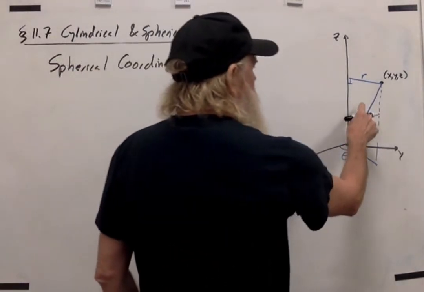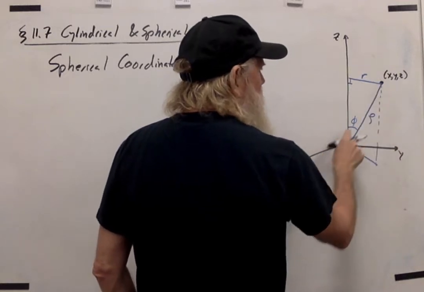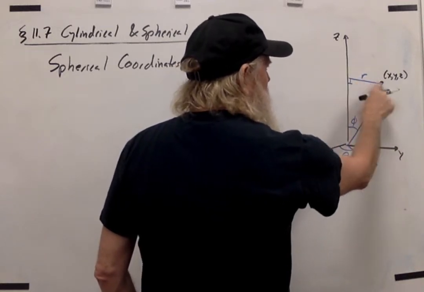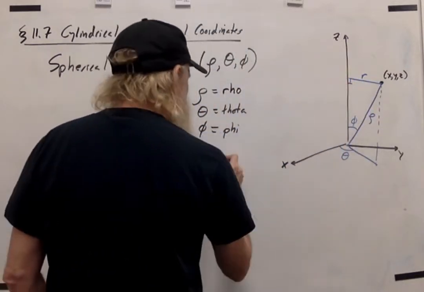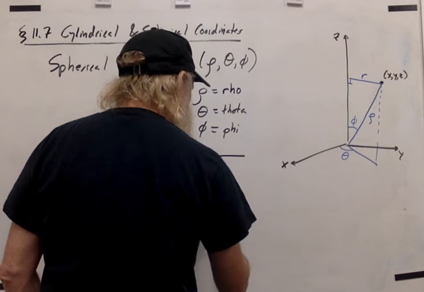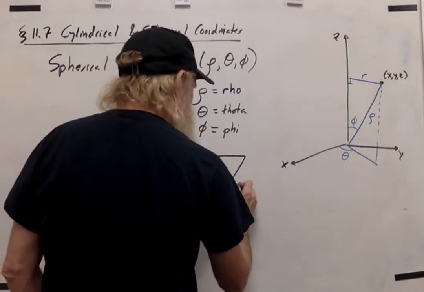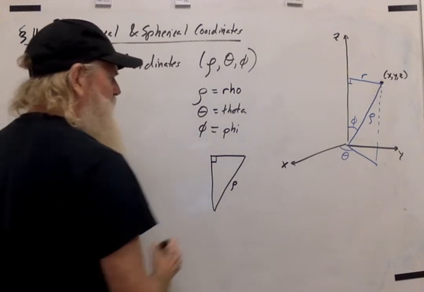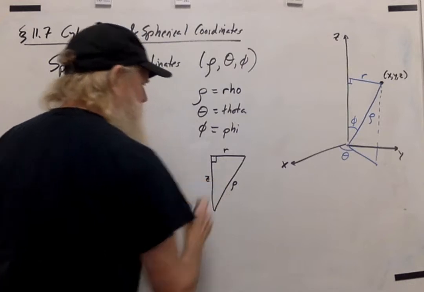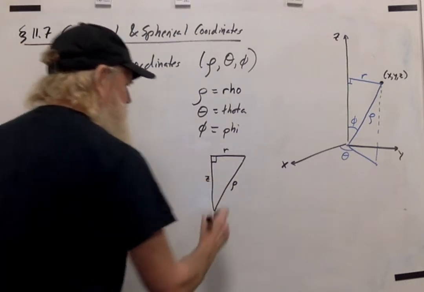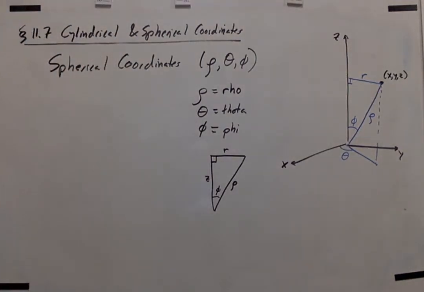One thing I'd like to do is draw out this triangle. It doesn't look like a right triangle, but it actually is, because remember, r measures a perpendicular distance to the z-axis. So if I copy out just that triangle, then rho is the hypotenuse of the triangle, r is this leg, and z is this leg, and phi is that angle right there.